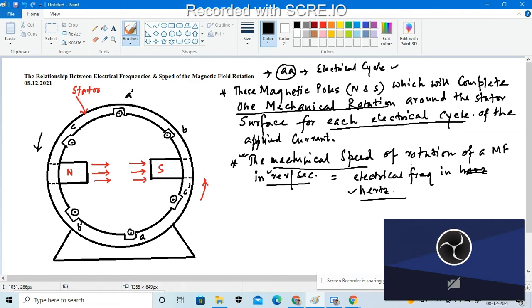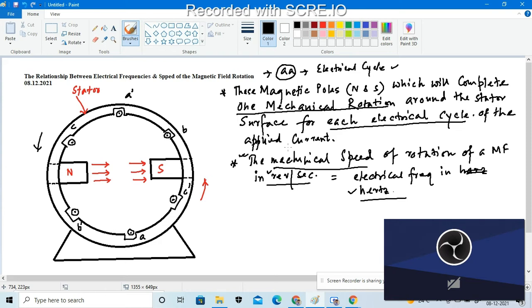For the two pole machine we were considering, here we were considering the six pole, right? Here that means a dash, b dash, c dash. If we are considering the two pole machine, there must be a four pole machine, a six pole machine, an eight pole machine. So depending upon the different types of poles, our mechanical speed as well as the mechanical rotation will change depending upon the electrical cycle, right?